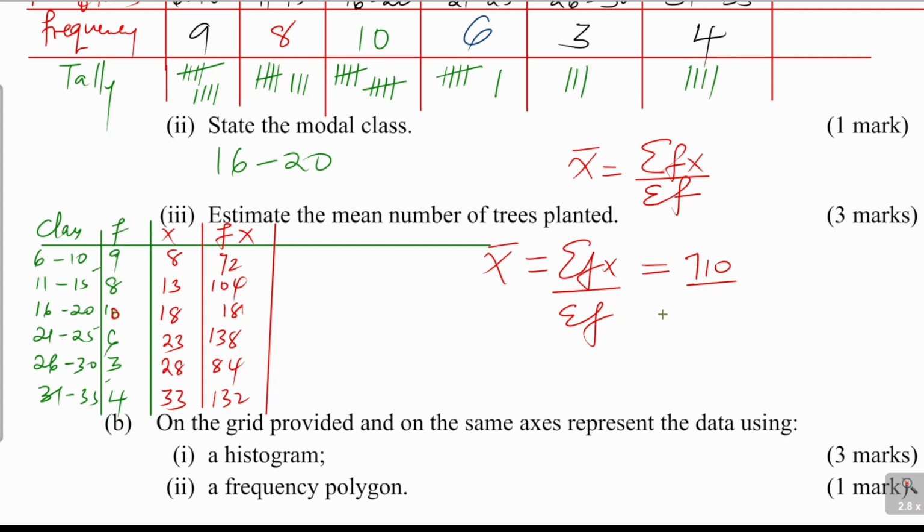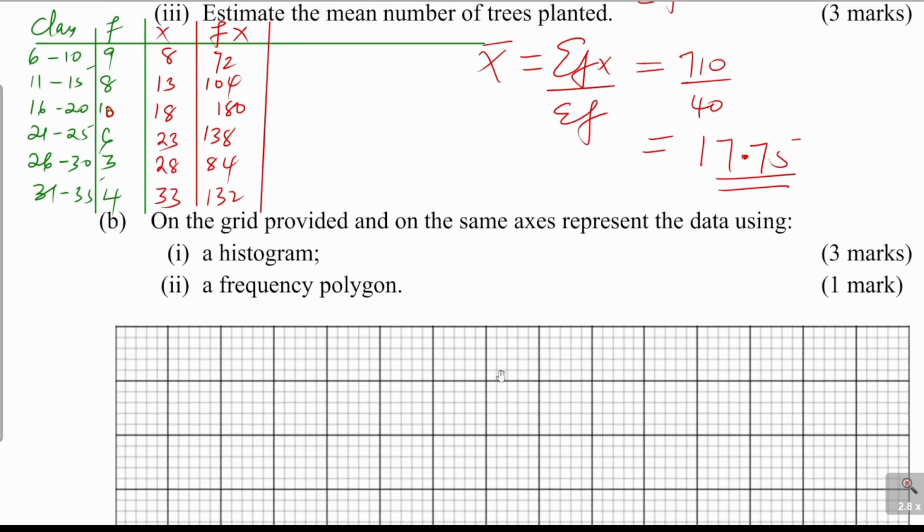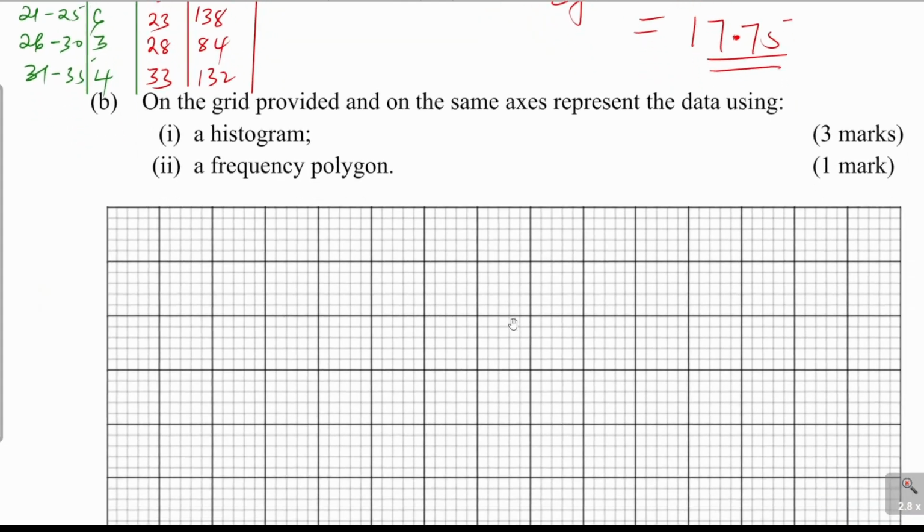Divide by the summation of frequency: 9 plus 8 plus 10 plus 6 plus 3 plus 4, and that gives 40. When you work this out, you will get 17.75 as the mean.